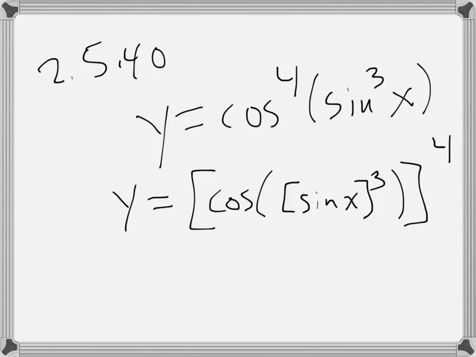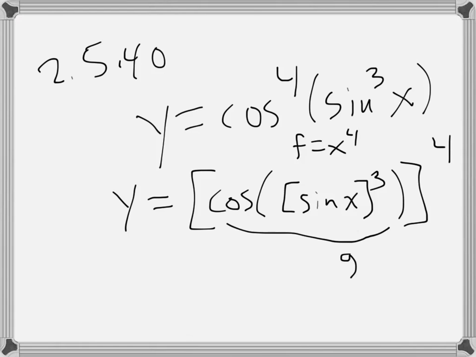So that makes it more clear what the outside function is. The outermost function is this fourth power, right? This whole thing inside would be my G, and then my F is x to the fourth, to start the chain rule.